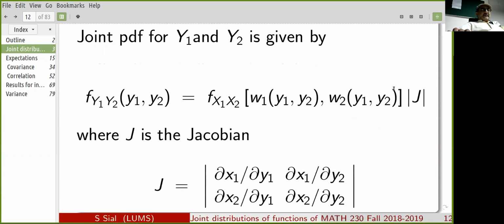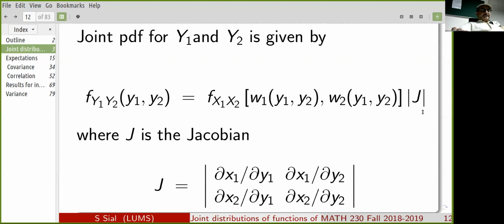Then the joint PDF for y1 and y2, evaluated at y1, y2, is f sub x1, x2 evaluated at w1 of y1, y2, w2 of y1, y2, right?